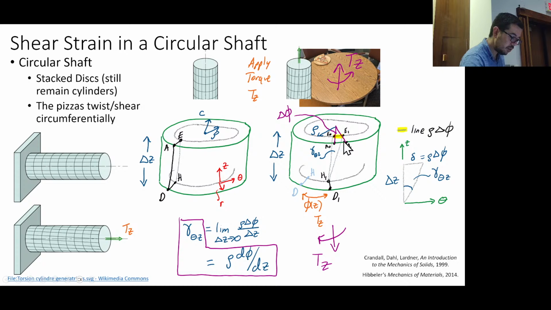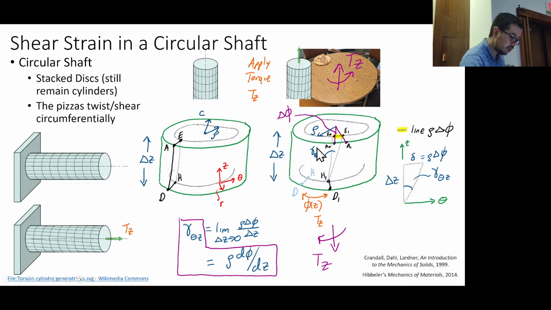But if I were out here where rho is equal to c, the radius of the pizza pie, then this arc length on the green region is longer than this arc length for the highlighted yellow-gray line or curve.